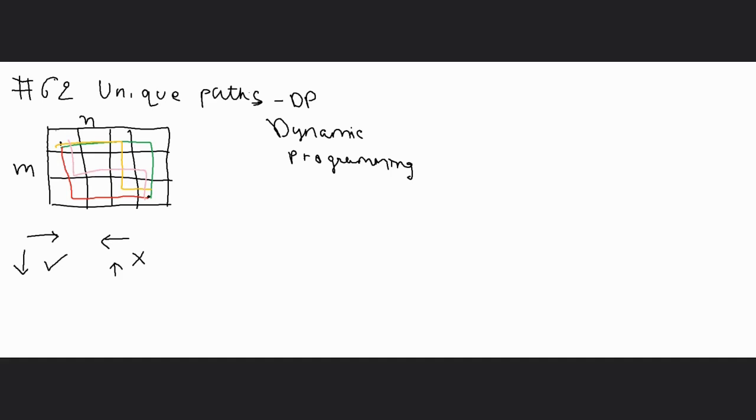Okay, so if you look here, the grid is starting from 0 0 and this is your destination, which is m minus 1 and n minus 1, okay? So in any path, how many moves are we making? So if you look at this path, how many moves are we making?